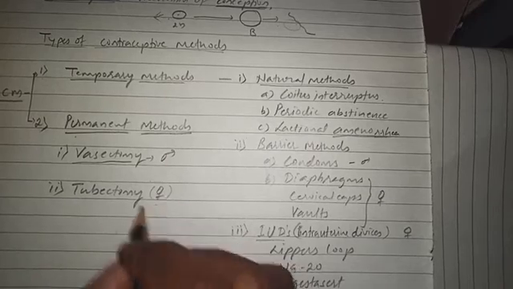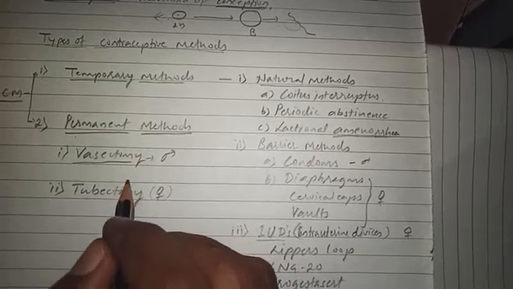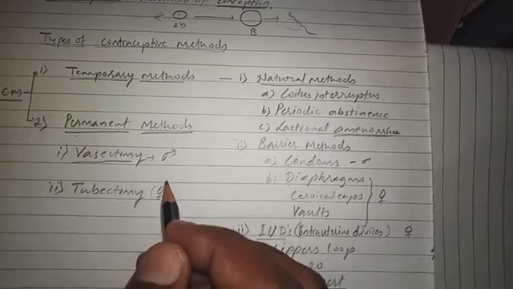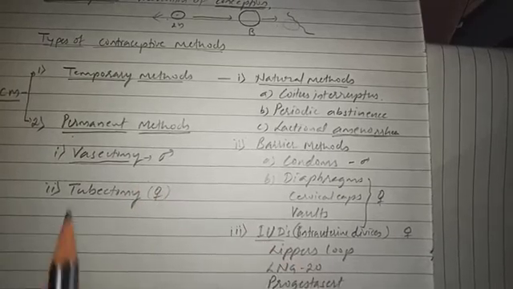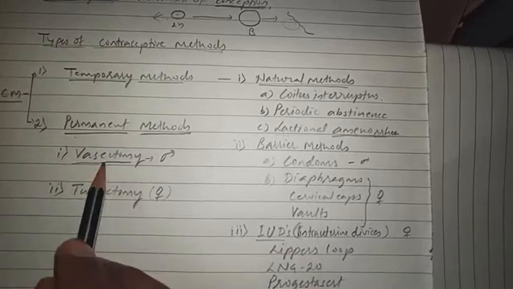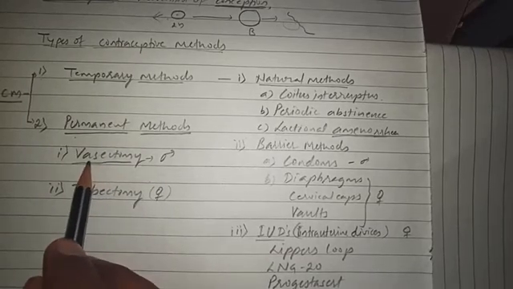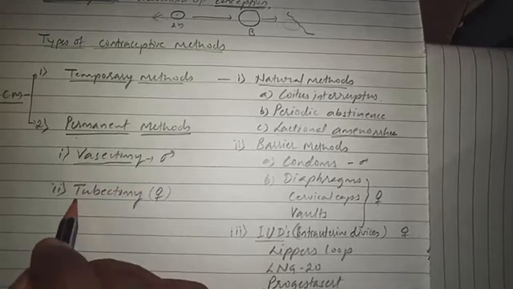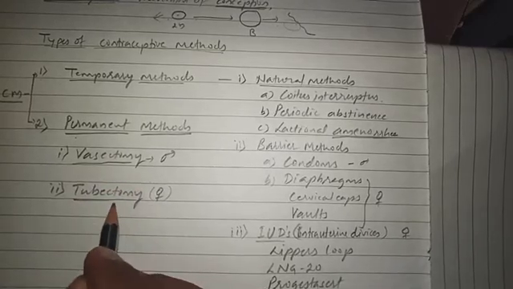In a couple, anyone can go for this one, either male or female. Both may not be necessary, right? Vasectomy causes male infertility, where the vas deferens is cut and tied. Here the fallopian tube is cut and tied.